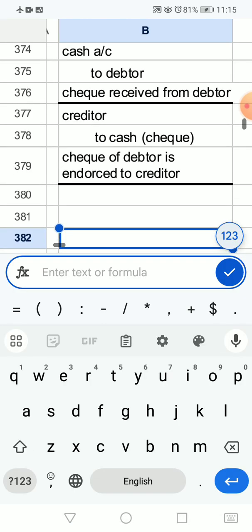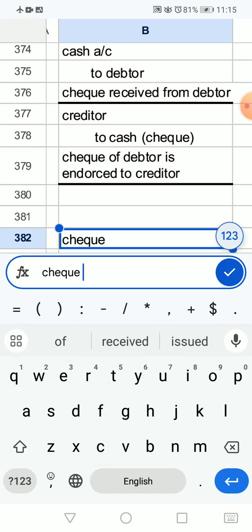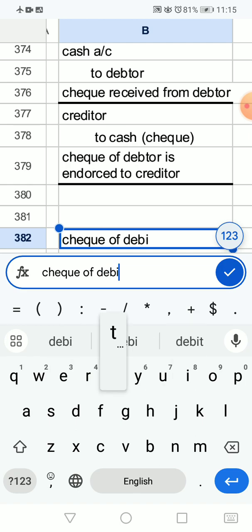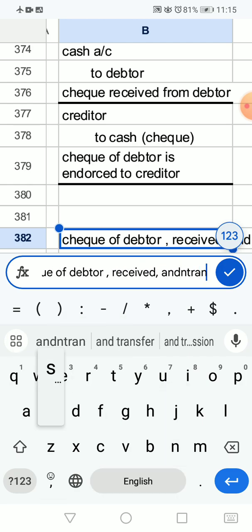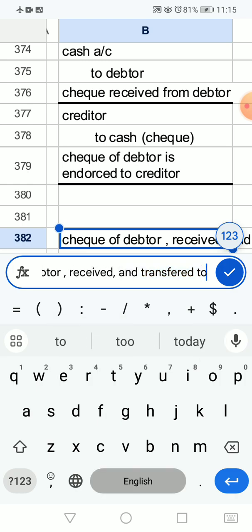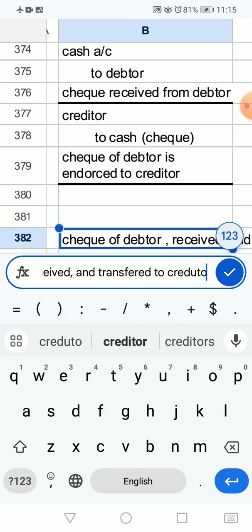Check of debtor which you have received at initial stage and transferred to creditor second stage, now dishonored.